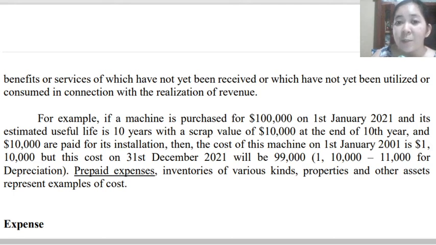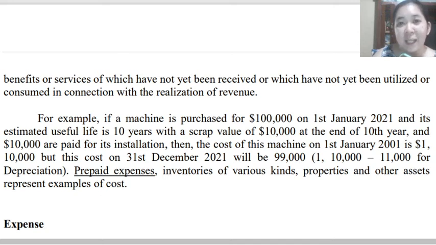Then the cost of this machine on January 2021 is 110,000. This is January 2021, not 2001. But this cost on December 31, 2021 will be 99,000, because that's 110,000 less depreciation.